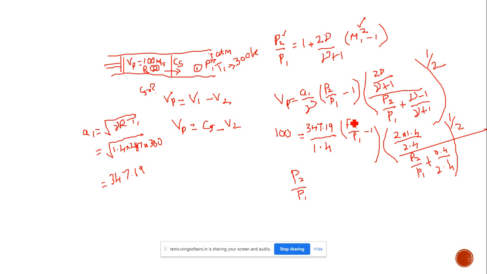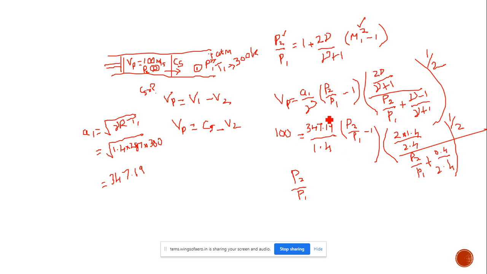Please try to solve this. First do like this.